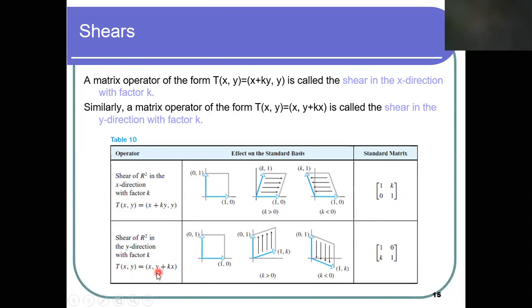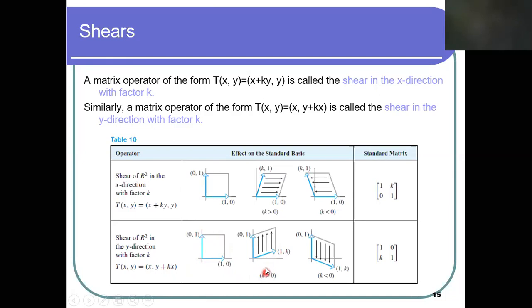You will have to add y plus kx in the second coordinate of the transformation. In that case, if k is greater than 0 and you put the standard vector 1 0, this is 1, and this is 0 plus k, you will get 1 k.